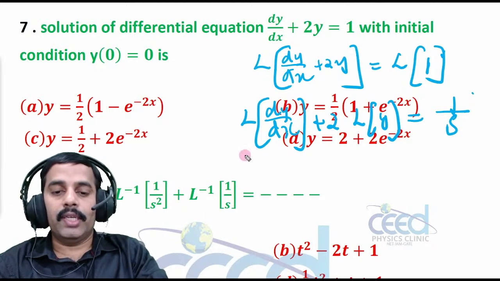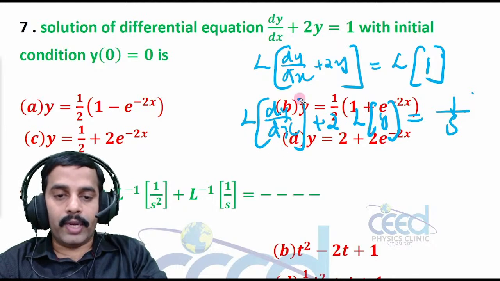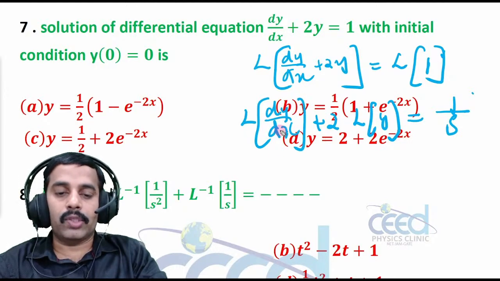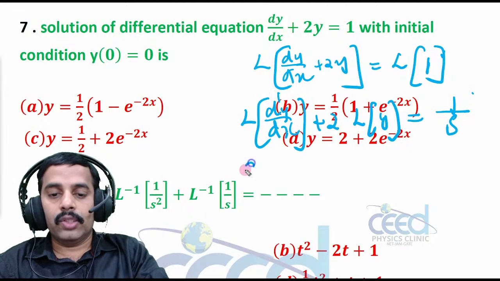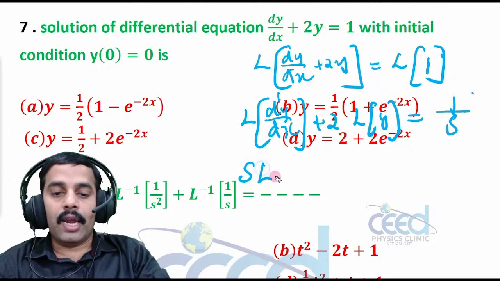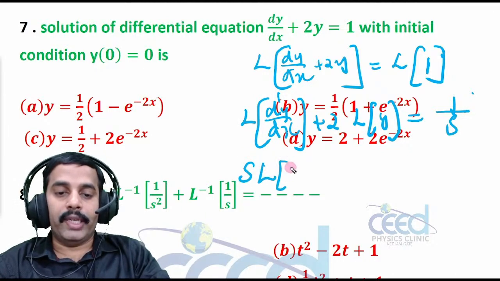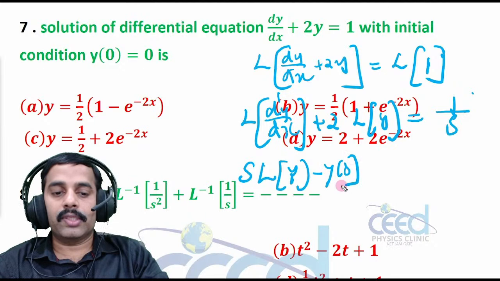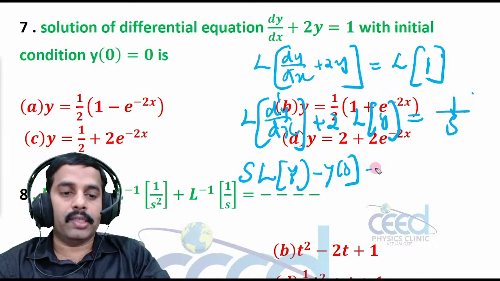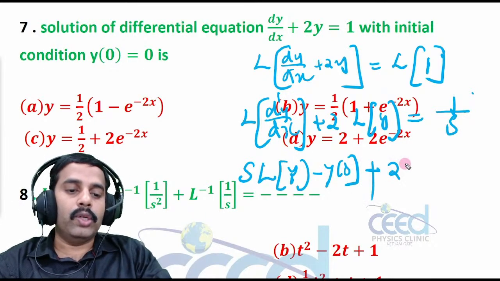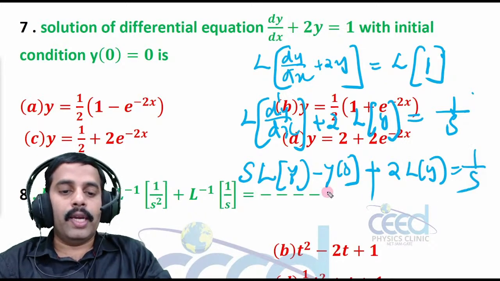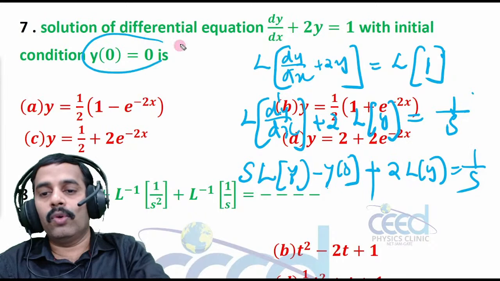Laplace of dy by dx is s into Laplace of y minus y of 0. So this is the Laplace expansion of dy by dx plus 2 into Laplace of y, that is equal to 1 by s, and this y of 0, that is 0 is given.